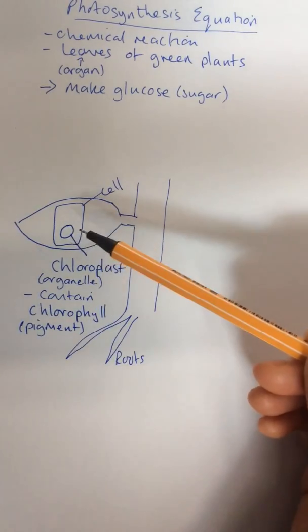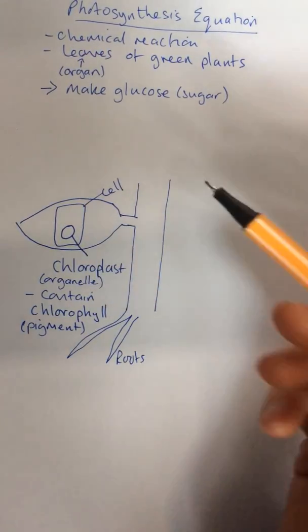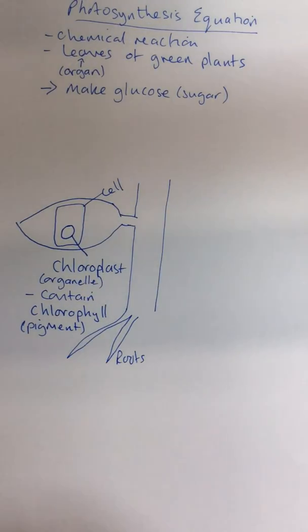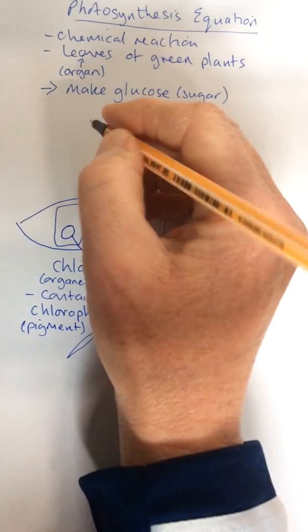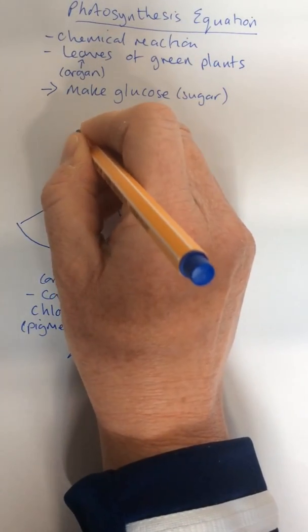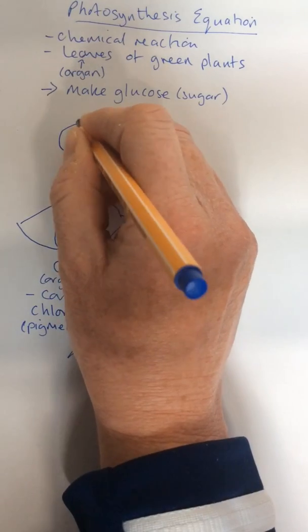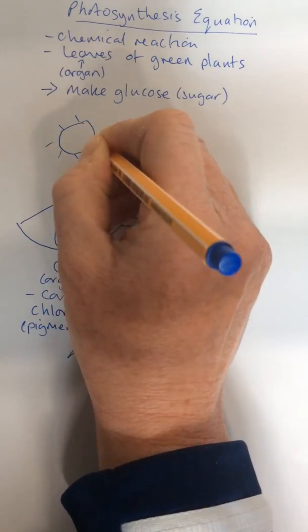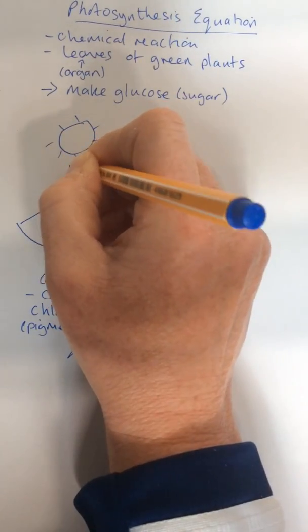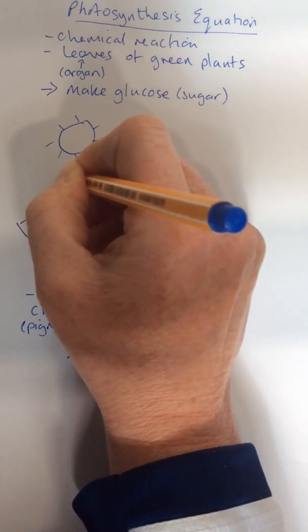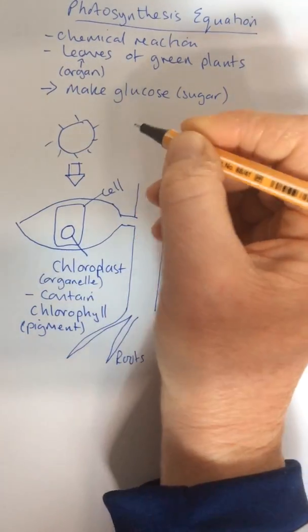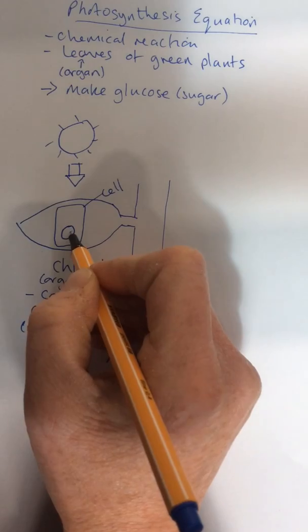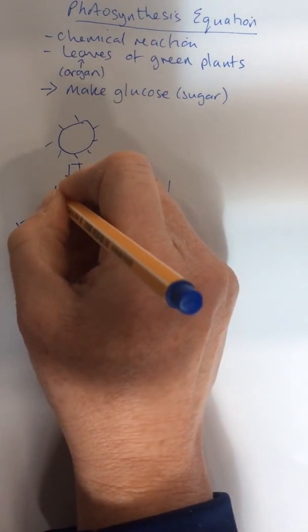Now what that green pigment called chlorophyll does is it absorbs sunlight. It doesn't actually matter if it's sunlight or if it's artificial light. The point is, and this is really important that you don't get muddled up and just write sun, the really key thing is that chloroplasts absorb light.